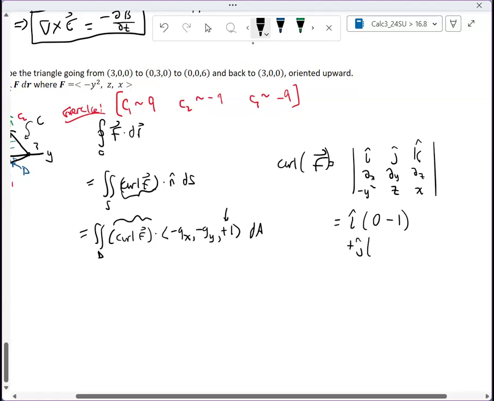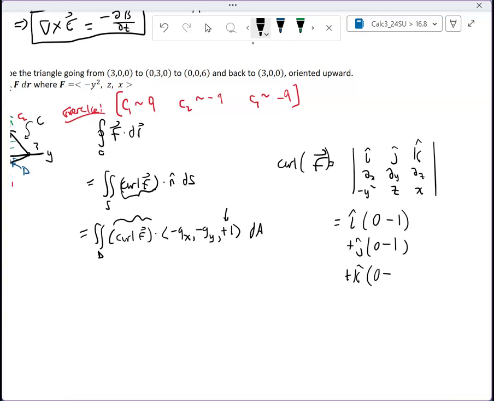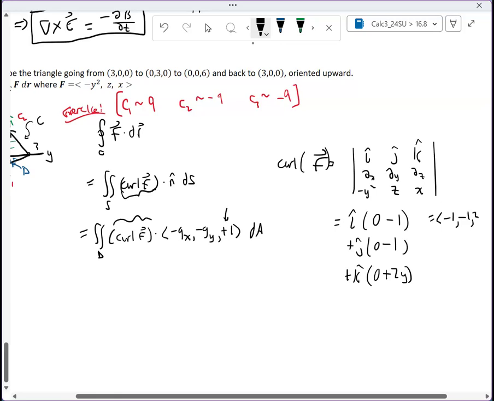Plus j times the z partial of -y², which is 0, minus the x partial of x, which is 1, so -1 as well. And then k, I have the x partial of z, which is 0, minus the y partial of -y², which is -2y. So minus a -2y gives me a +2y. So my curl is (-1, -1, 2y).